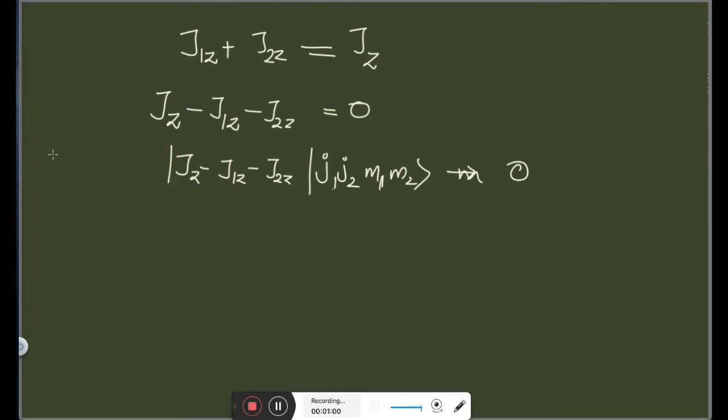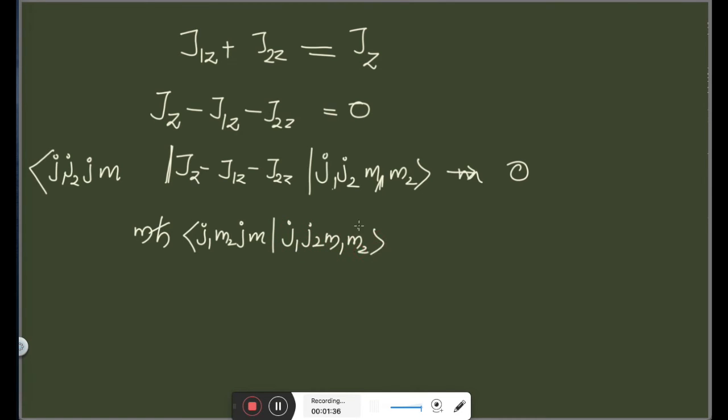Now if I left multiply it with J1, J2, Jm and operate, you can see that JZ can operate to the left, but J1Z and J2Z operate to the right. JZ operating on J1, J2, Jm gives you M h cross times the same bra.